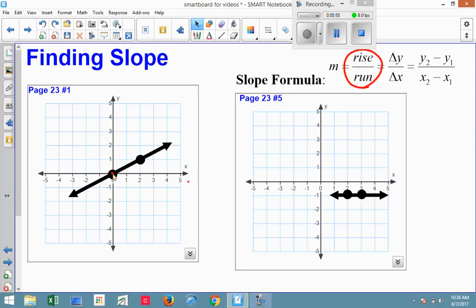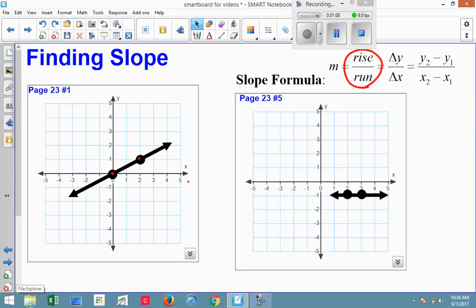You can really pick any point on the line, but I'm going to pick that point to start with, and count how many I rise and how many I run to go from the point I have marked here in red to this other point right there.